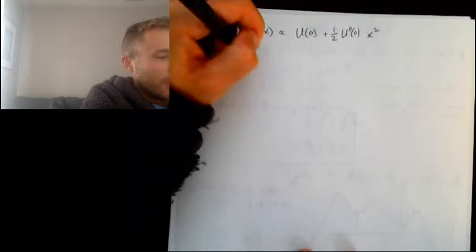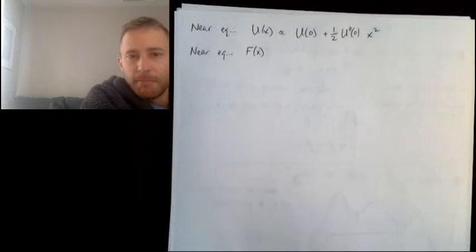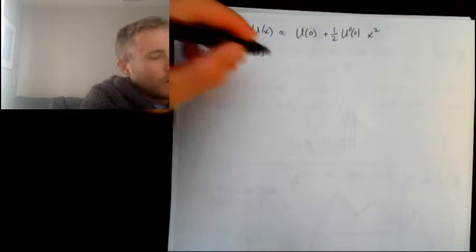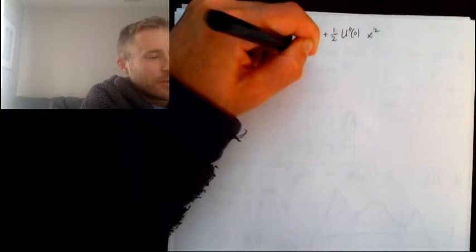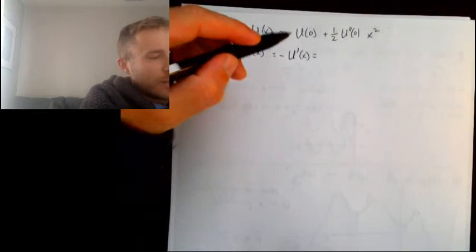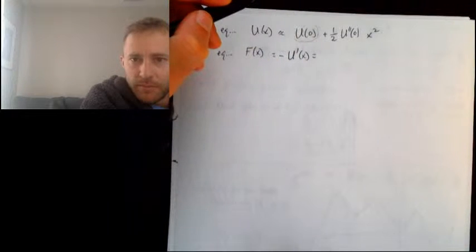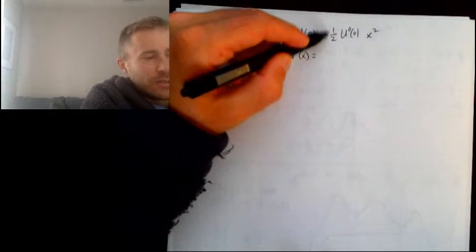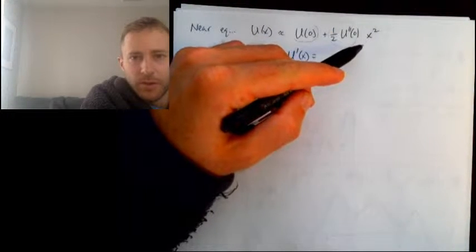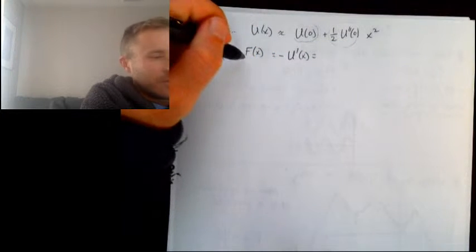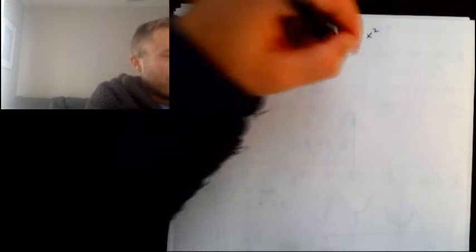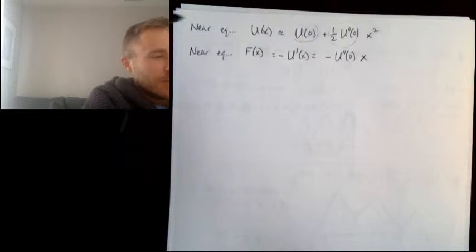So near equilibrium, the force as a function of position is going to be minus the derivative of the potential. Okay, so when I take the derivative of this, it's a constant, and then I have a constant times x squared. So taking the derivative of x squared gives 2x. All right. So what we get is that the force is going to be minus u prime prime of 0 times x. That's only near the equilibrium.